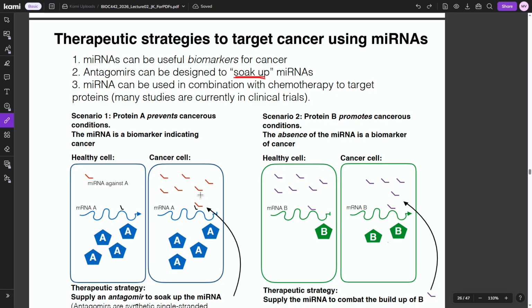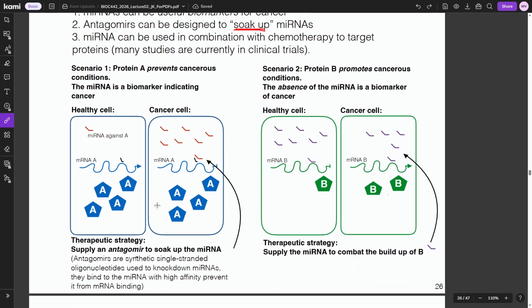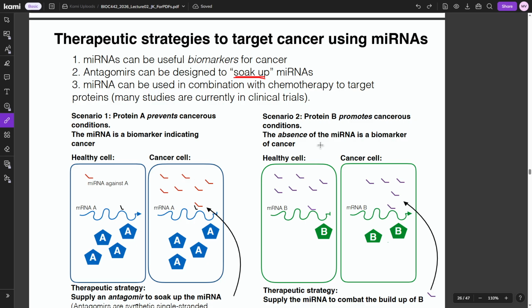So basically, the microRNA to antagomir binding strength is stronger than the microRNA to mRNA binding strength. And so the microRNA ends up binding to the antagomir more often, which means the microRNA cannot repress the translation of A anymore, and so A is now going to be translated, and so you don't get cancer, or cancer is mitigated.